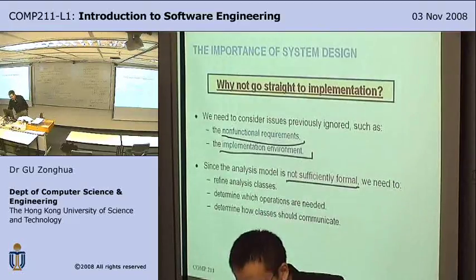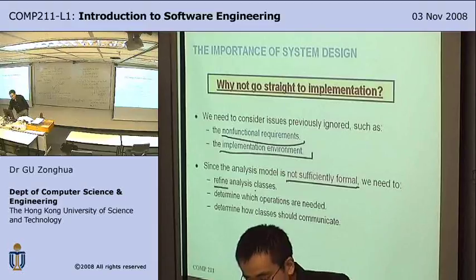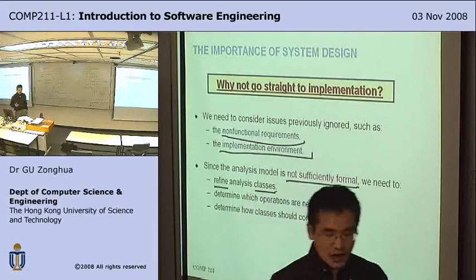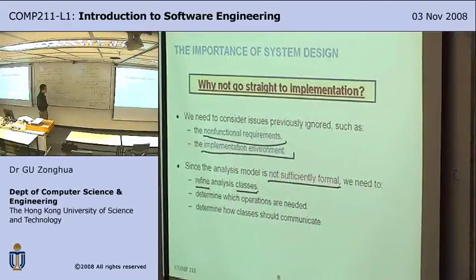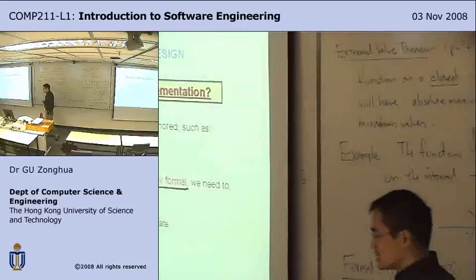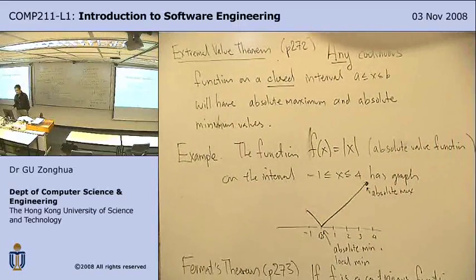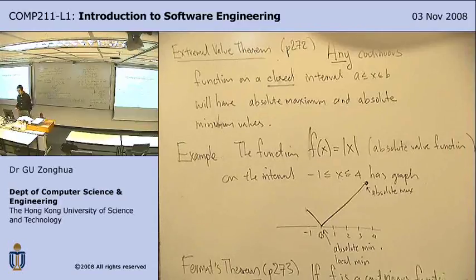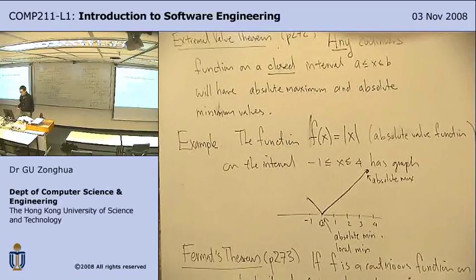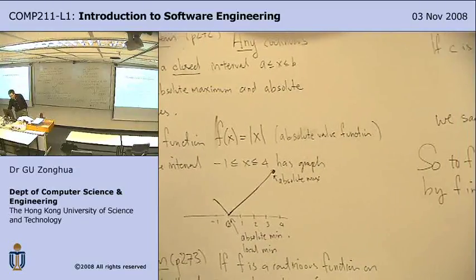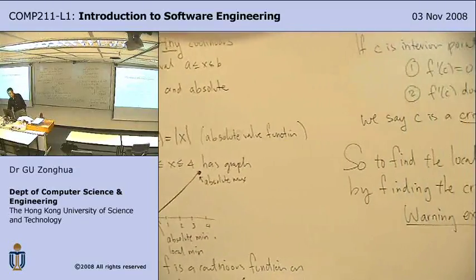So we need to refine the classes. Perhaps in the analysis model, you only have a natural language description of its role. Now you will refine it into more concrete operations with the signatures and in terms of a formal syntax. Determine which operations are needed and determine how classes should communicate.